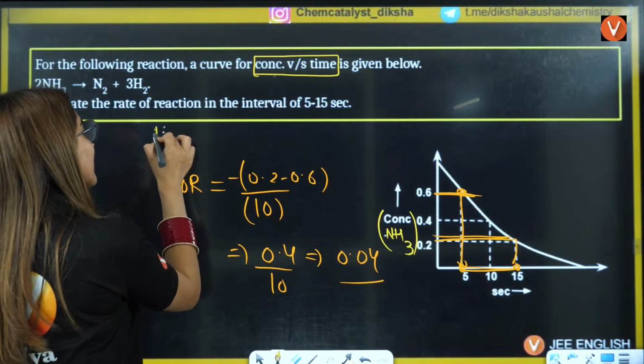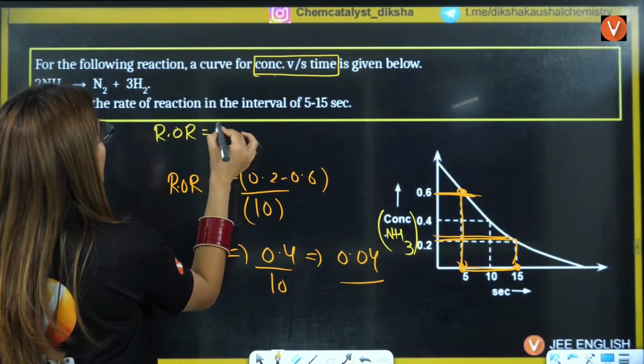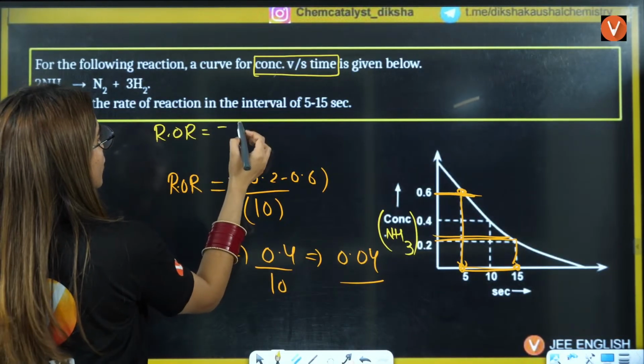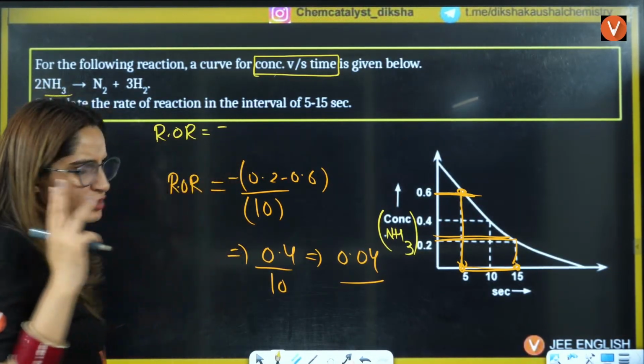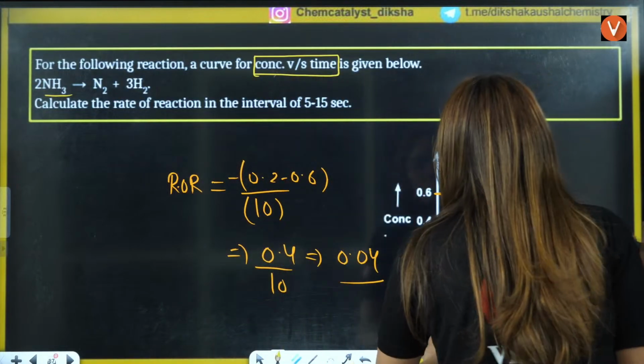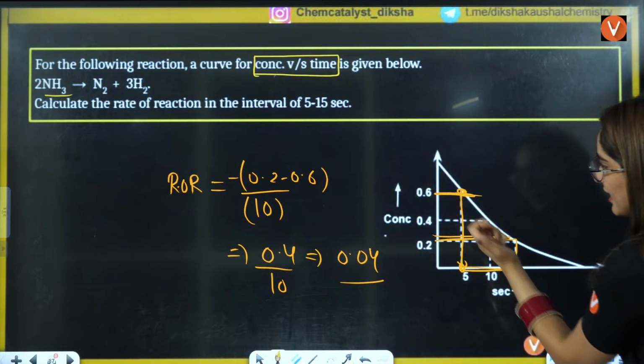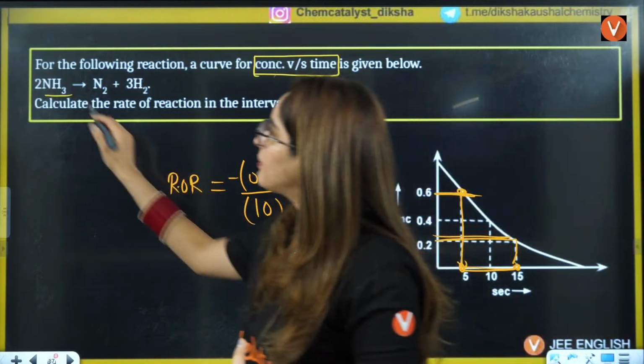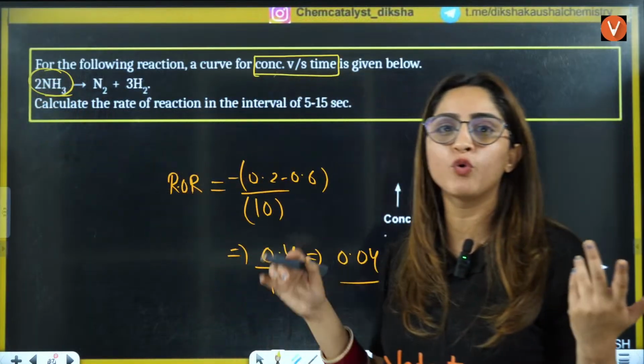We know that NH3 is getting consumed. But if they don't even mention it, you can still solve it, because concentration is getting decreased, and the decrease will be only of that reactant, and we have only one reactant.